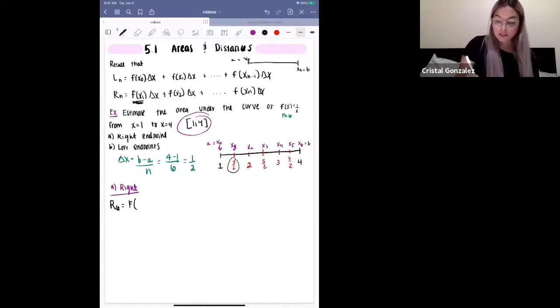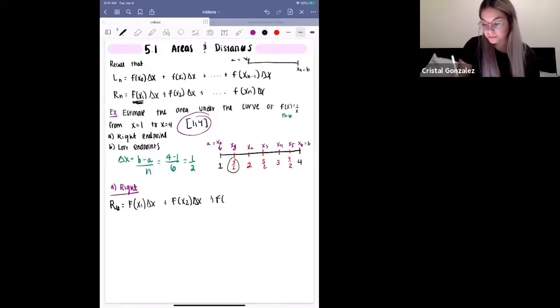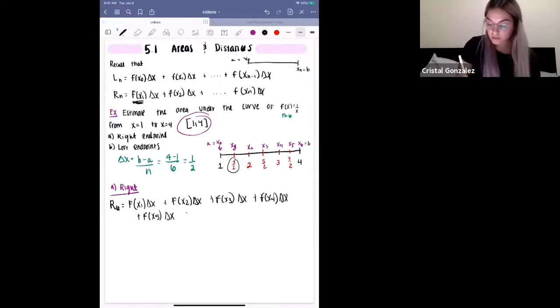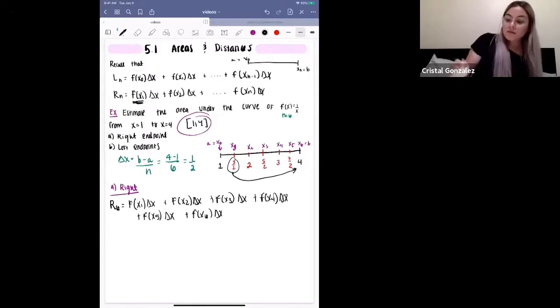But for now, I'm just going to leave it as f of x1 times delta x, just to show you. Then we're going to go on to f of x2 times delta x plus f of x3 delta x plus f of x4 delta x plus f of x5 delta x, and then the very last one, plus f of x6 delta x. So remember, we started off here, and now we need to go to the very end, because we have to make sure that we're summing up 6 rectangles.